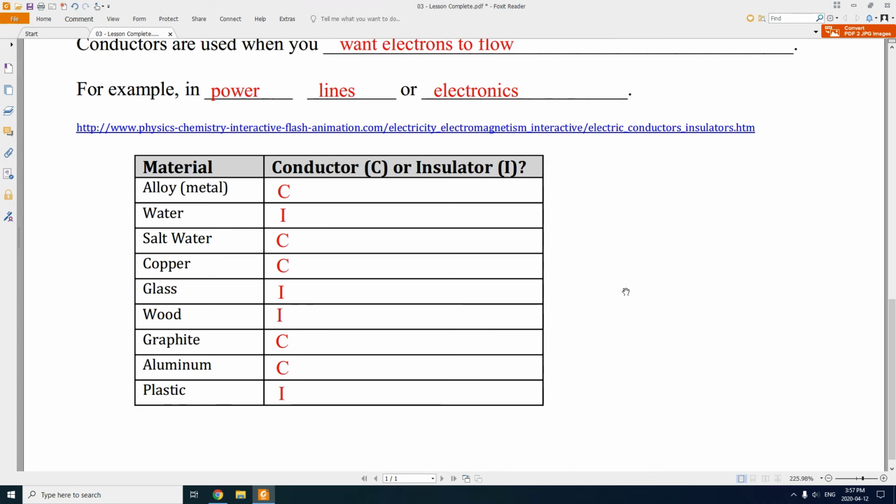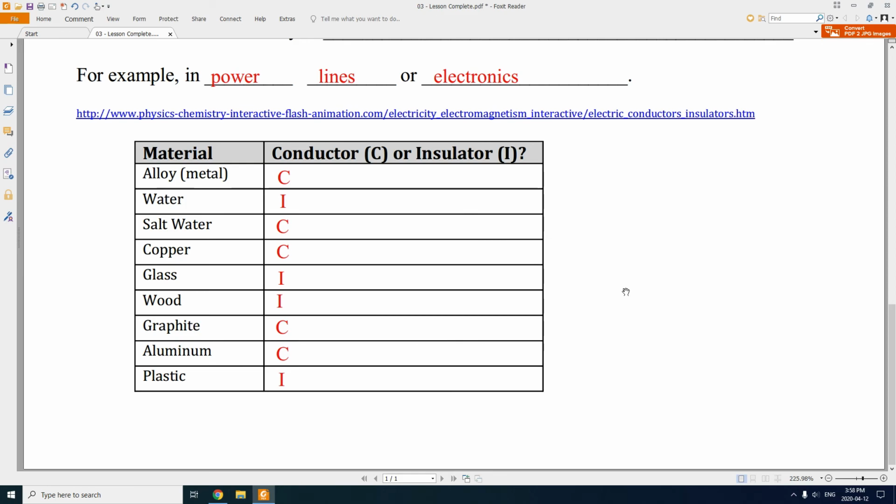All right, so generally it's the metals. If you think about your periodic table, the things on the left, your metals, those are your conductors. Alloy metal, copper, iron, aluminum, gold. And other things like glass, wood, plastic, those are your insulators.